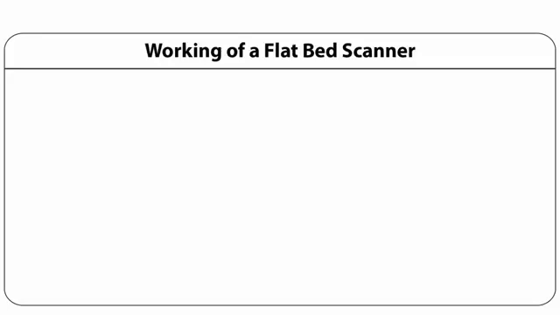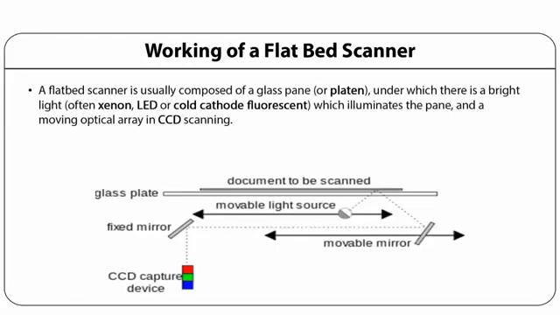Working of flatbed scanner. It explains the mechanism of flatbed scanner working. In a flatbed scanner, there is one glass plate, one movable light source, one movable mirror, one fixed mirror, and one CCD capture device. When we keep a document to be scanned on the glass plate, the movable light source automatically moves from one side to the other along with the movable mirror at a standard distance.